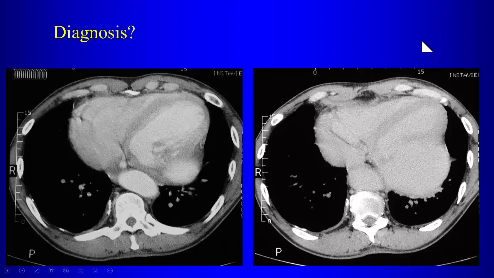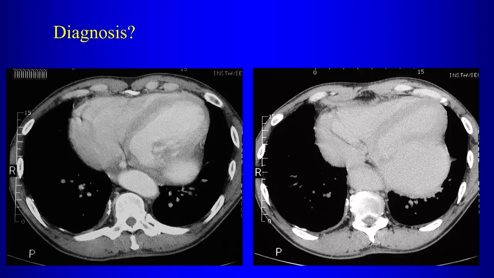Now it turns out that the best way to differentiate a true aneurysm from a false aneurysm on imaging, what's the best way to differentiate a true aneurysm from a false aneurysm? Your colleagues know? Yes. So what about the mouth of the aneurysm or the neck of the aneurysm?